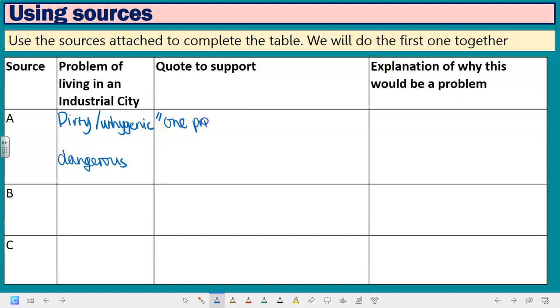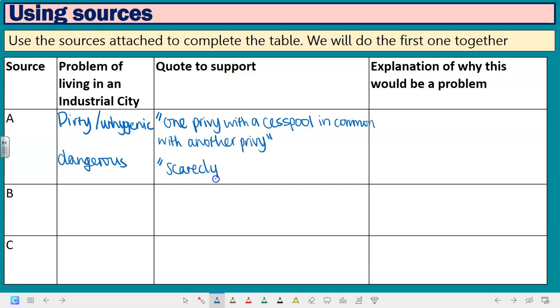"One privy with a cesspool in common with another privy" and "can scarcely hold together."